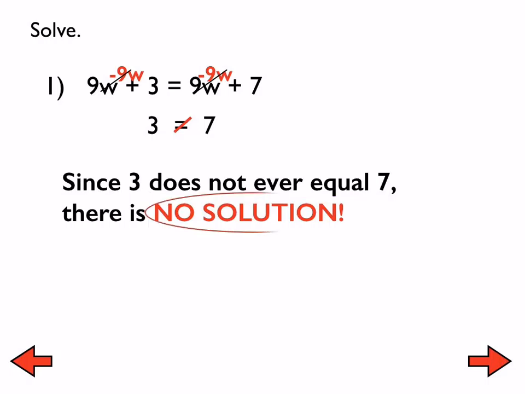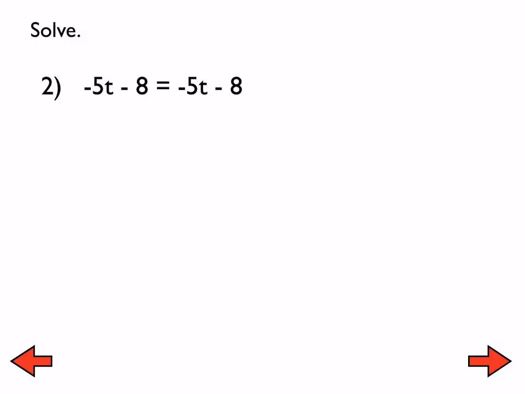On to number 2. I have negative 5t on both sides, so I want to make them both on the left, hopefully. So I'm going to add 5t to both sides, and they end up both crossing out again. But this time I have negative 8 equals negative 8. Is that true? Yes.